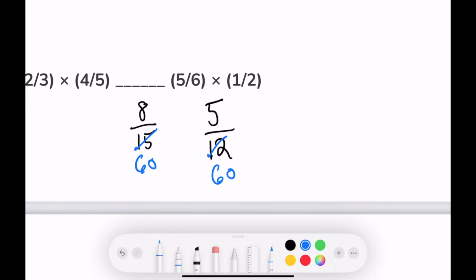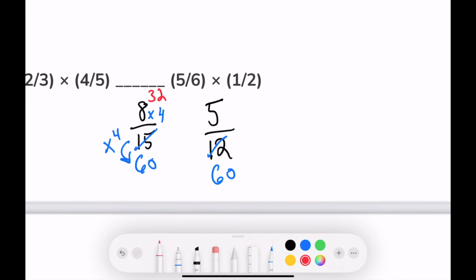Here, 60 and 60. Now remember, in order to go from 15 to 60, we needed to multiply by, what is that? 60 divided by 15 is 4. So that means whatever you do to the bottom, you have to do to the, you got it. Right at the top, 8 times 4 is, let's keep the colors going, 32.